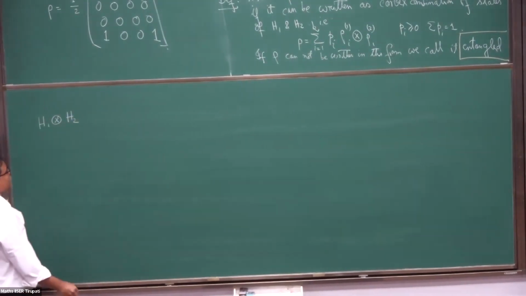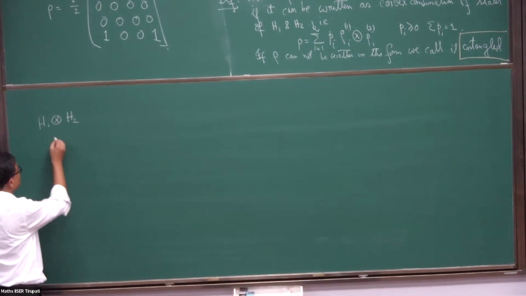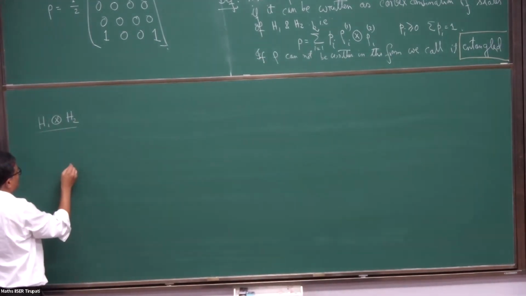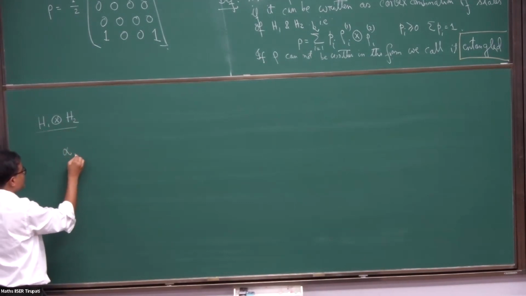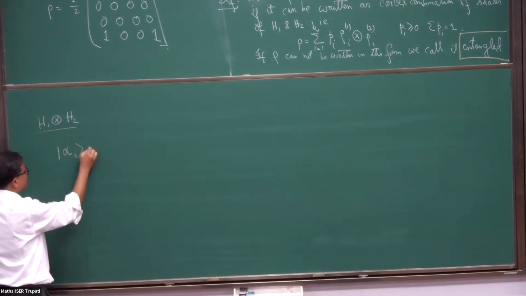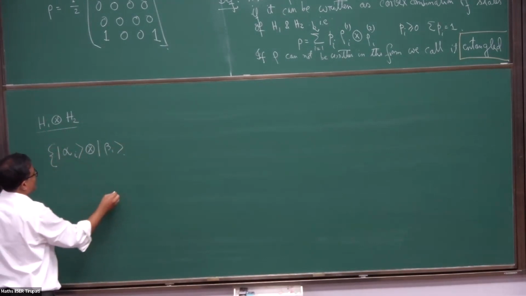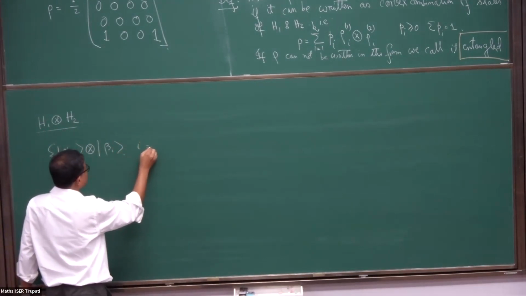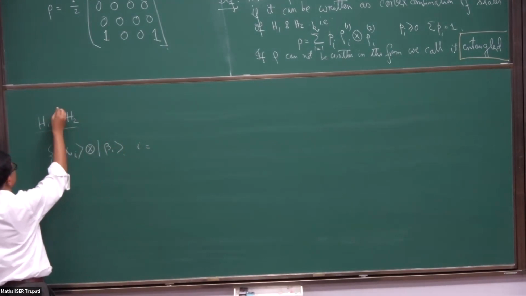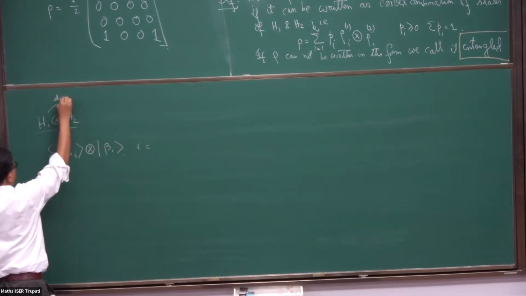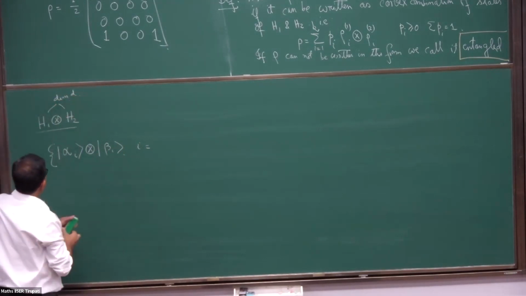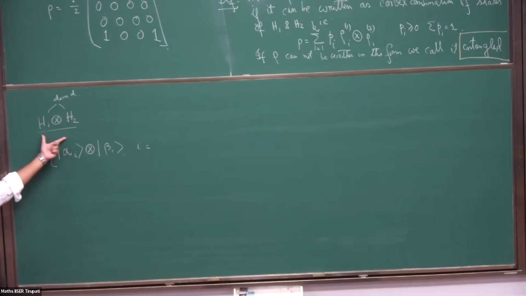People found out that these are of finite dimension, and I take the product vectors alpha_i tensor beta_i. Let us say both of them are of dimension d. So, this is a d squared dimensional space.